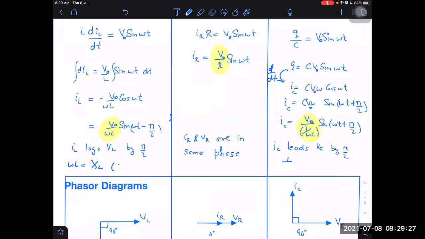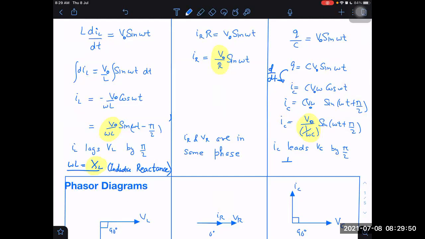What do we call it? Reactance. It is equivalent to resistance, but not exactly resistance. And because it is of the inductor here, we call it inductive reactance also. Inductive reactance. And what is the symbol for that? XL.